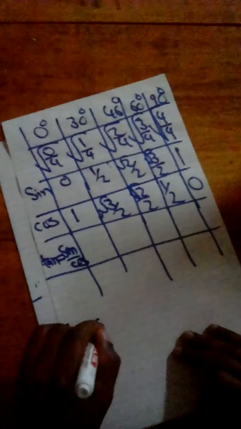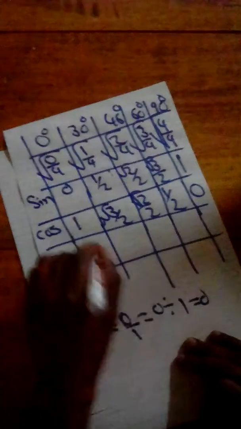To obtain the tangent values, you use the concept that tangent is sine over cosine. So how do you get the tangent of angle 0? The tangent of angle 0 is obtained by taking this divided by this, that is 0 over 1, which is 0.